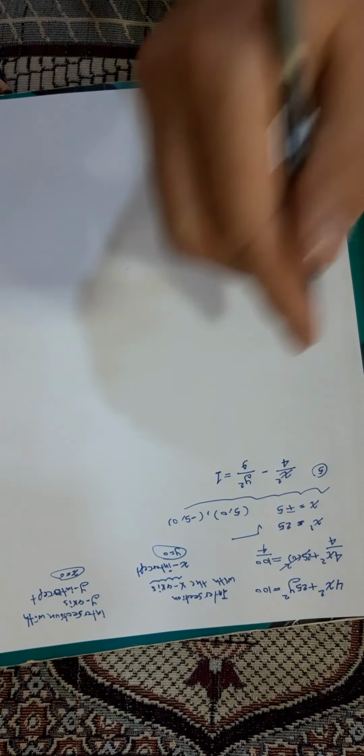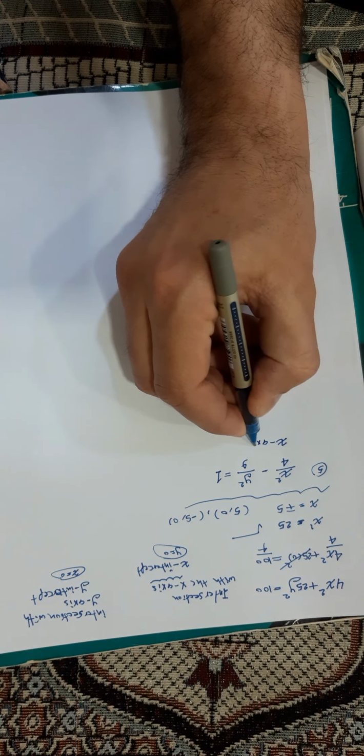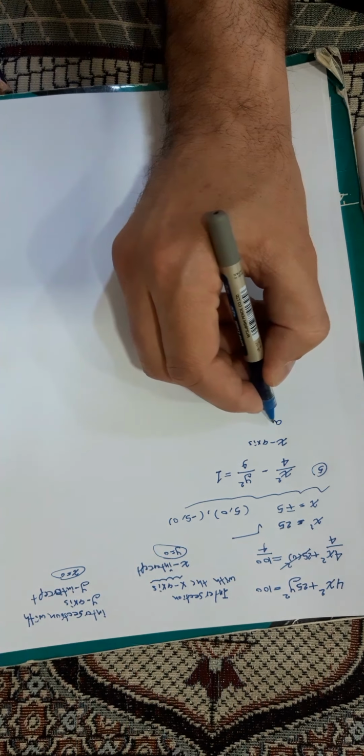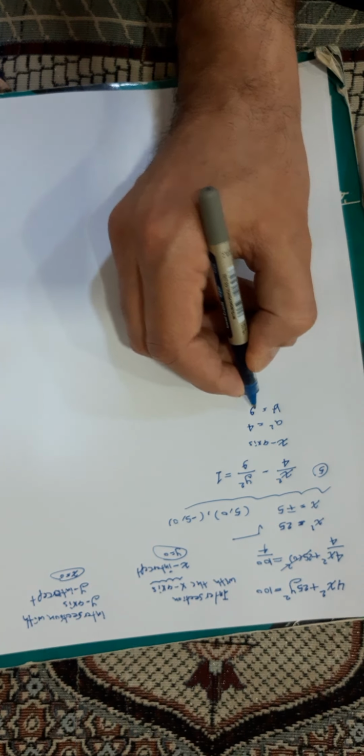It is the x-axis because x squared is positive, so a squared is equal to 4 and b squared is equal to 9.